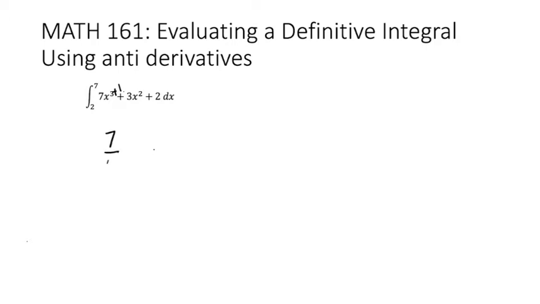So it's going to be 7/4 x to the 4th. The next one is going to be 3 over 3 x cubed, which is the same thing as just x cubed. And then that'll be plus 2x, because if there is no variable attached, you're just going to add the variable on there.